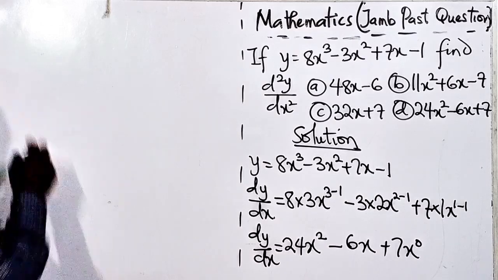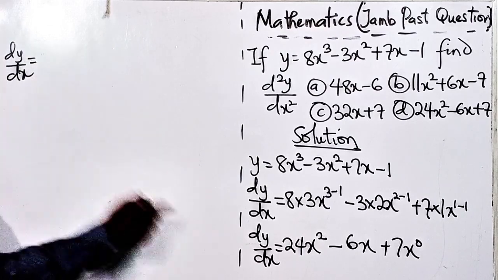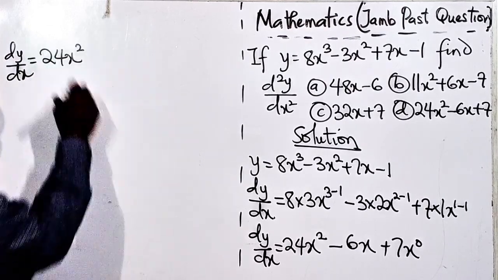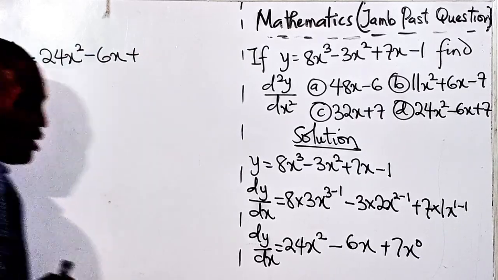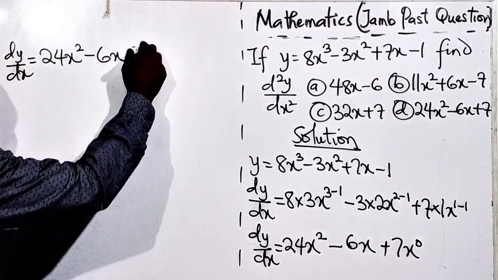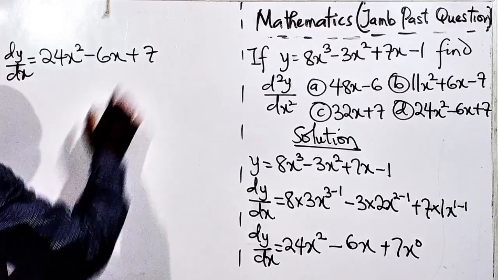Is that clear? So we are having dy/dx now is equal to 24x raised to the power of 2 minus 6x plus, now remember that anything raised to the power of 0 is 1. So 1 times 7 is 7. Is that clear? Good.